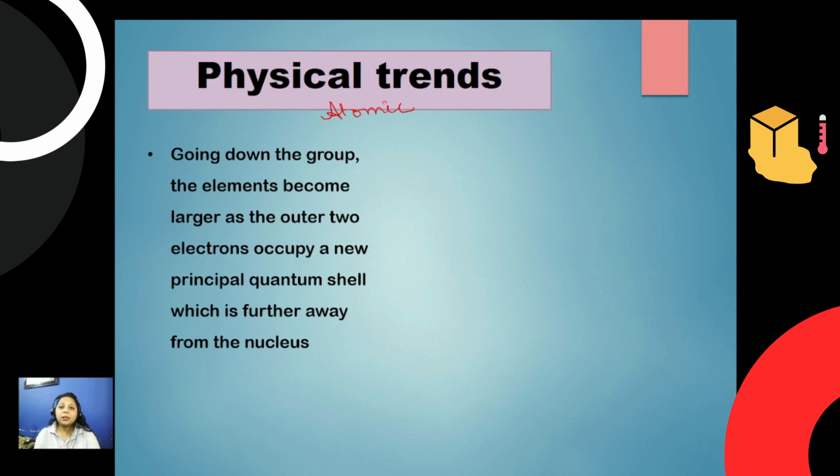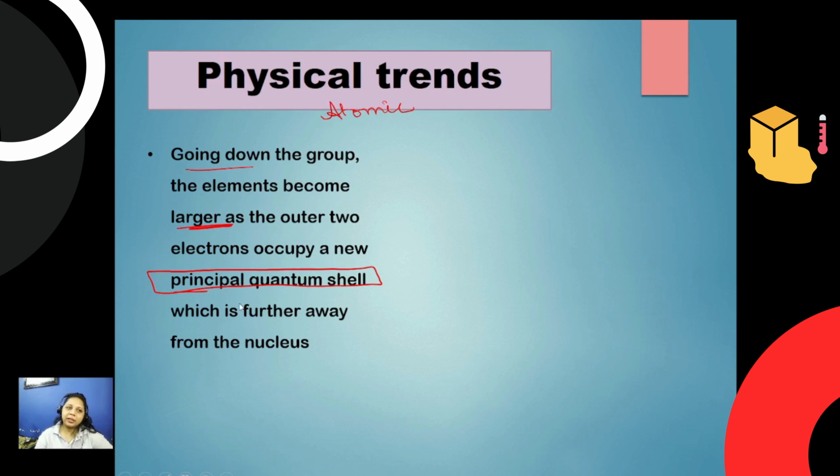They represent the shell number, or you can say the principal quantum number. So when we move down the group, there is addition of each shell periodically, so definitely the size is going to increase.